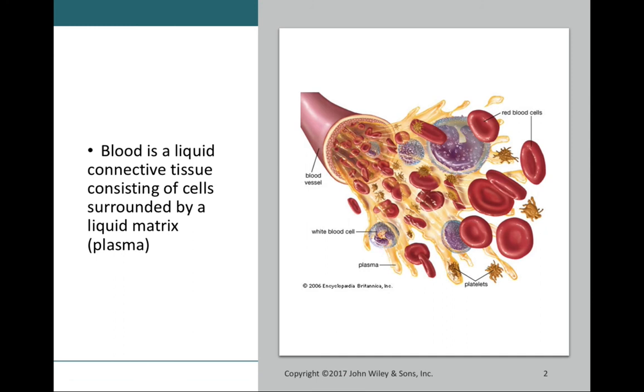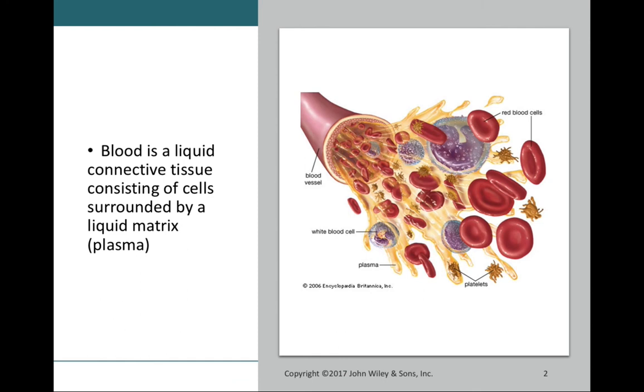However, we also have that non-living extracellular matrix. And if you can remember, extracellular matrix is made up of some type of ground substance as well as fibers. And so even though we have a liquid type of connective tissue, that does not mean that we're going to go against any of the criteria for connective tissue. We will, in fact, have a ground substance as well as fibers.